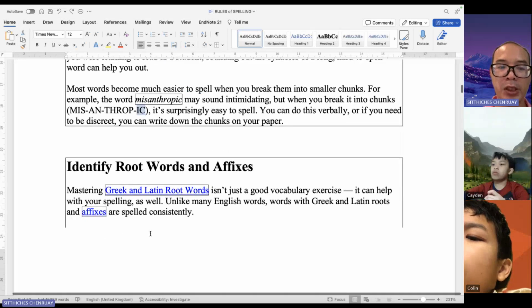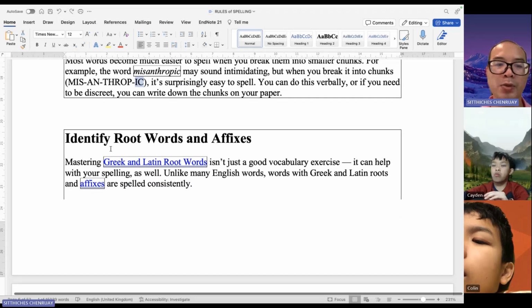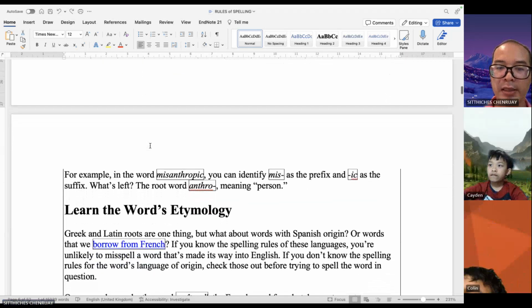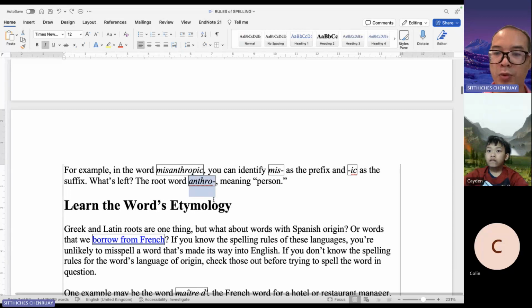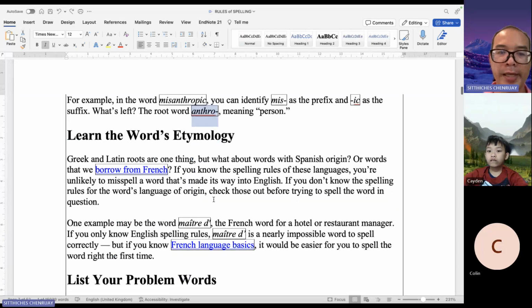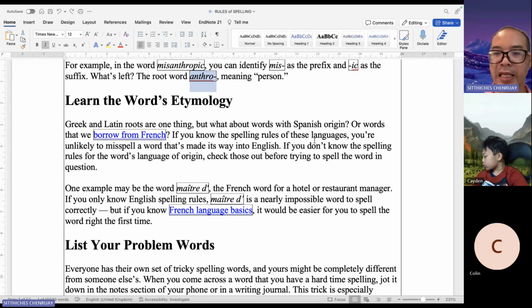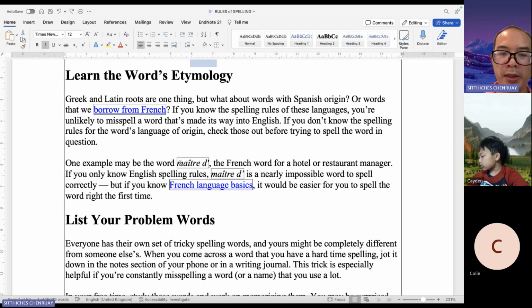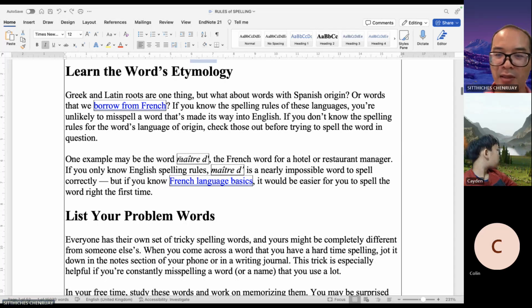And then to help you know the meaning better, identify the root words and affixes. Anthro actually means person. This is a root word. And there are a lot of words from other languages like Spanish and French.